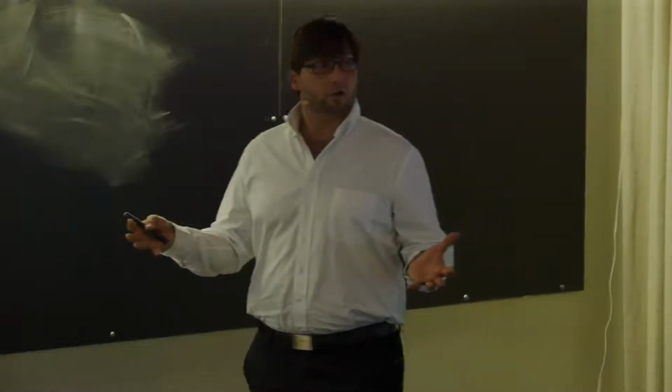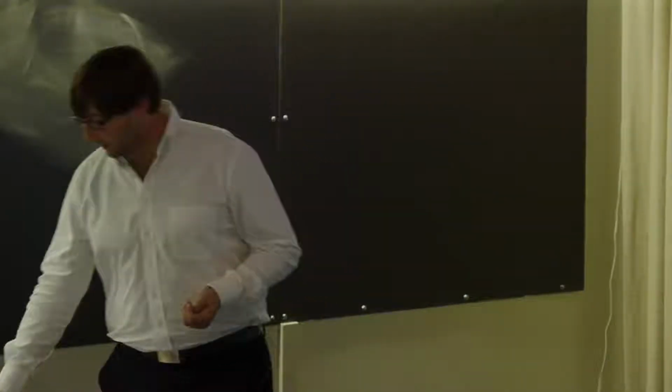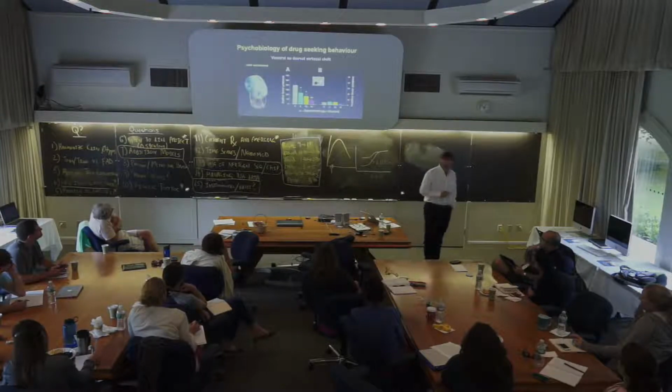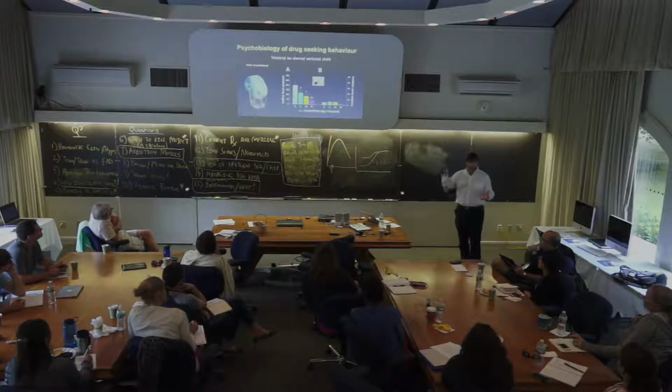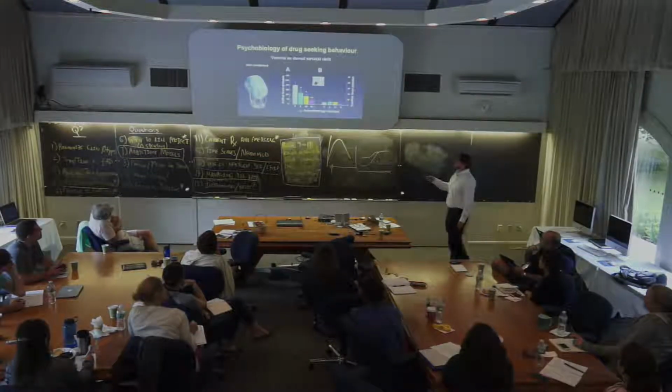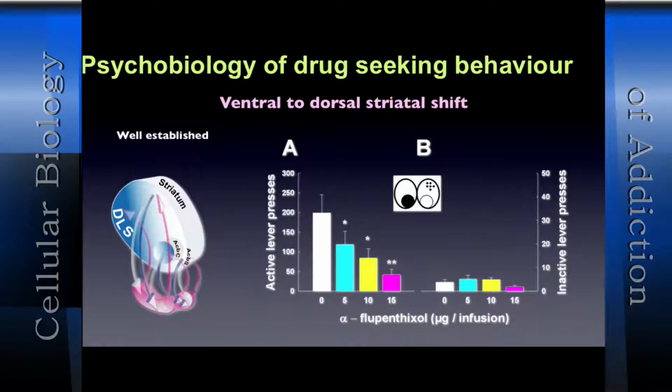So 2 manipulations that are ineffective on their own, you combine them, thereby functionally disconnecting the ventral to dorsal dopamine transmission into the dorsal striatum, and you end up with a dose-dependent decrease in cue-controlled drug-seeking behavior that is of the same magnitude as bilateral manipulations of dopamine to the dorsal striatum.